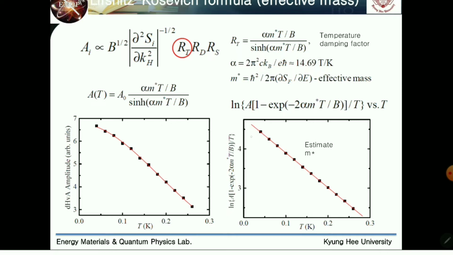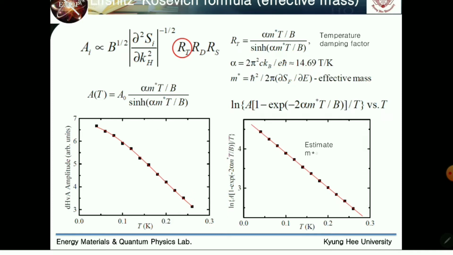The magnetic field and temperature are external parameters, so by making this kind of plot, we can estimate the effective mass from the slope.